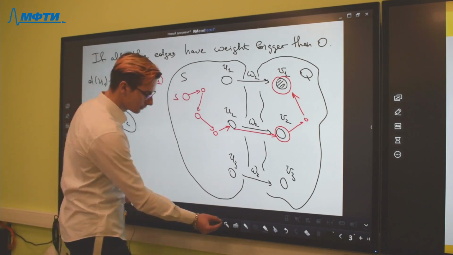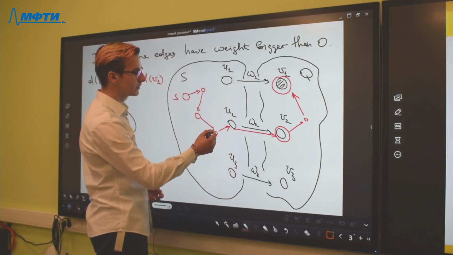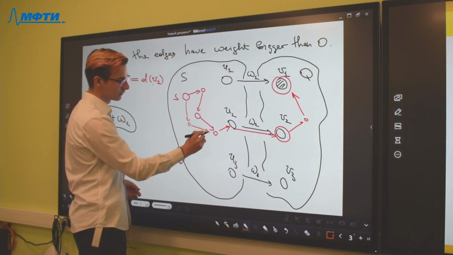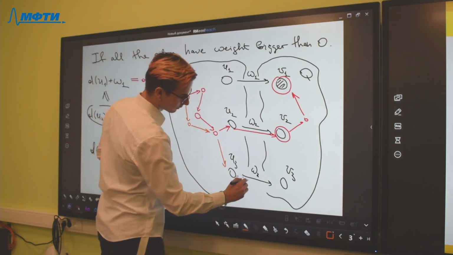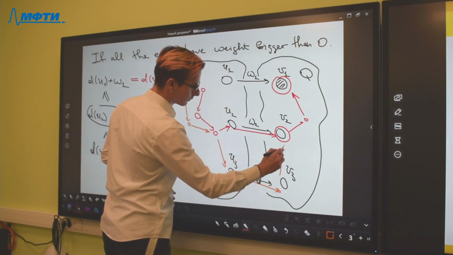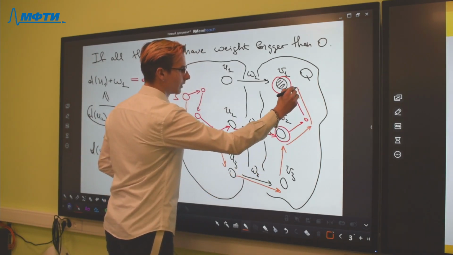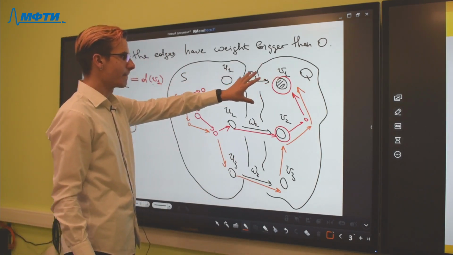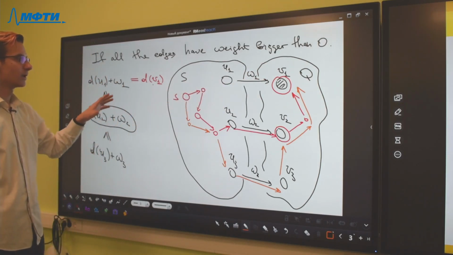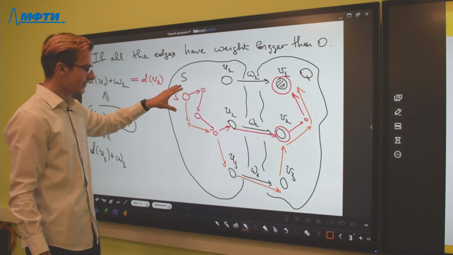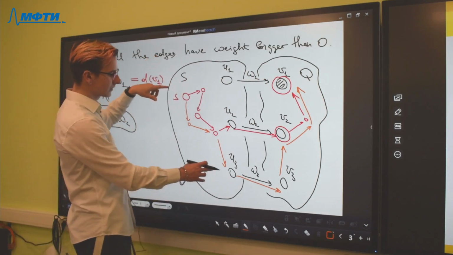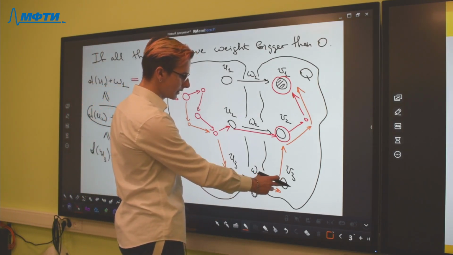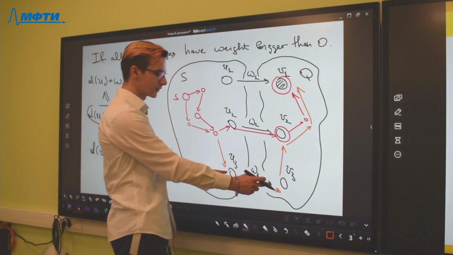Because any other paths between V1 and source, for example, we can have a lot of paths from S to V1, but we can say that every path contains parts that connect S with a U vertex and contains an edge that connects the U vertex with a V vertex.